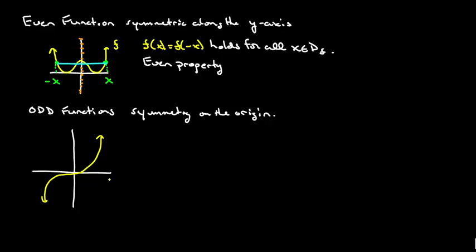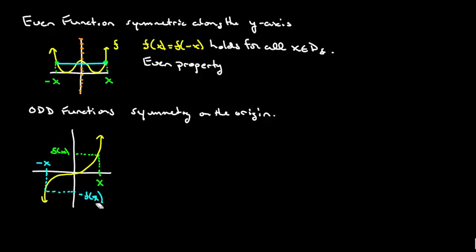The property holds like this. If x generates a height f of x, then its negative, negative x, should generate a guy that's got the same height but in the opposite direction. So negative f of x.